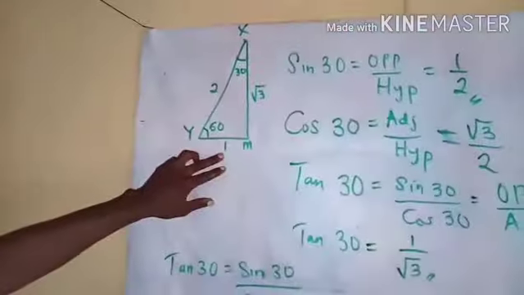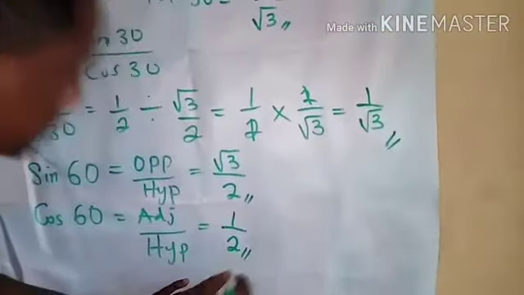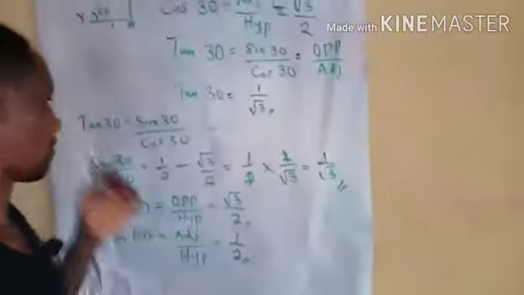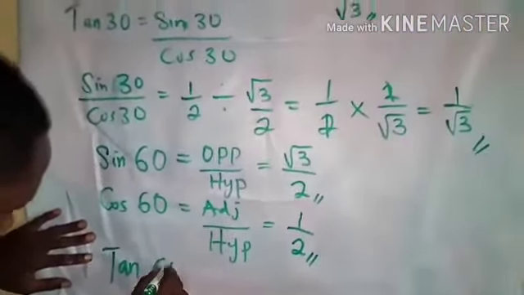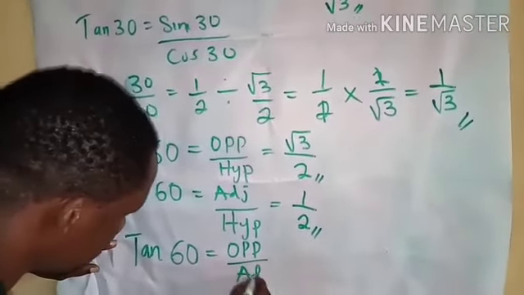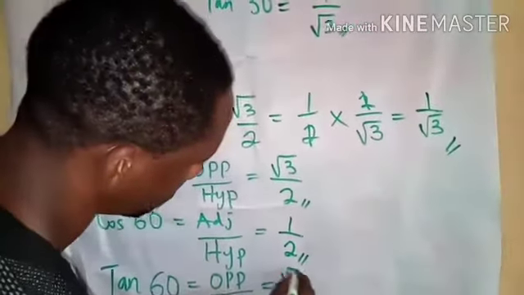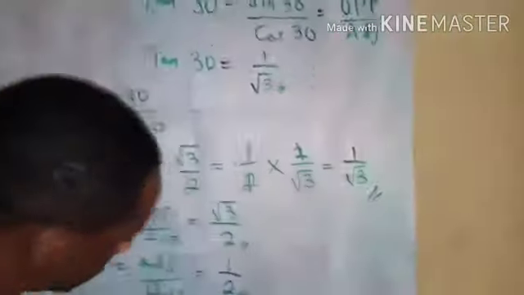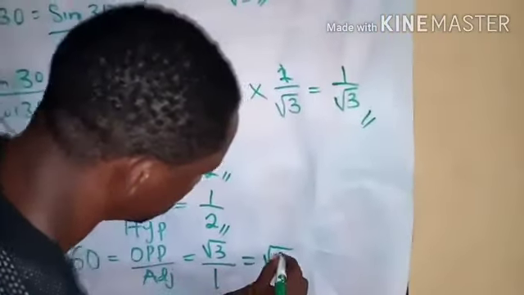Our adjacent is 1. What's our hypotenuse? 2. That means our cos 60 is 1 over 2. Then our tan 60 equals opposite over adjacent. The opposite is √3. Adjacent is 1. So tan 60 equals √3.